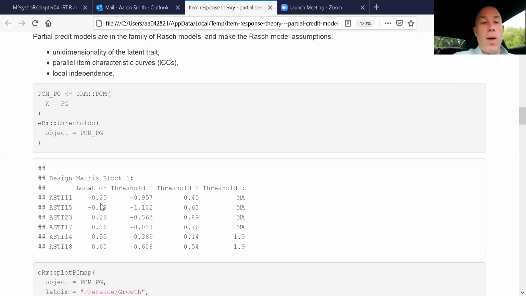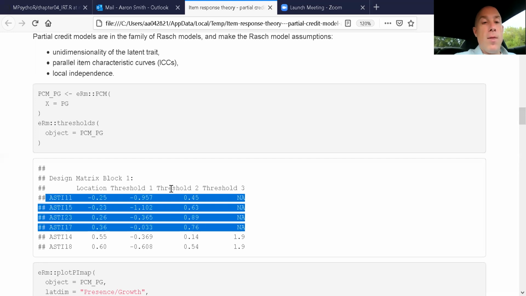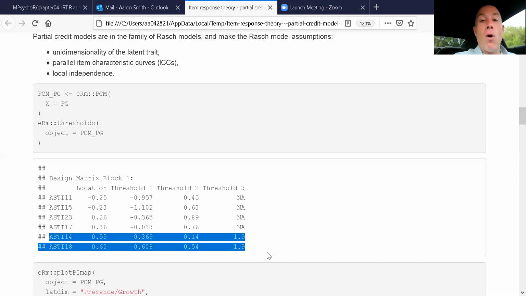We can see that the location is shifted over, and the spread of the distribution will tell us where these actual threshold cutoffs are. Here we can see that these questions have 0, 1, or 2 as possible responses. These have 0, 1, 2, or 3.